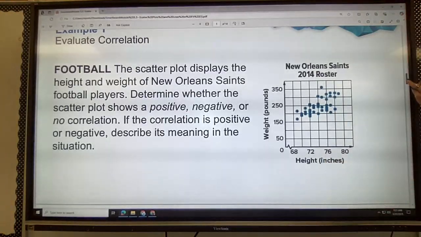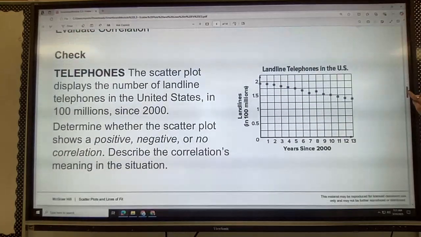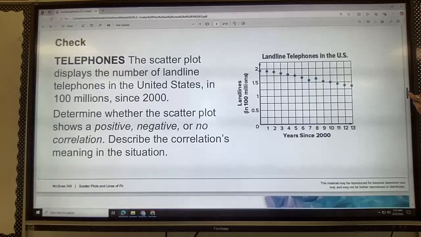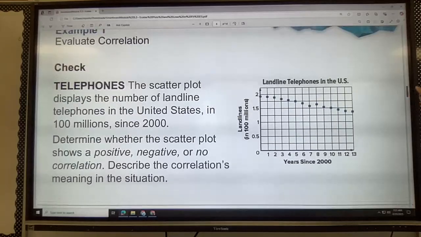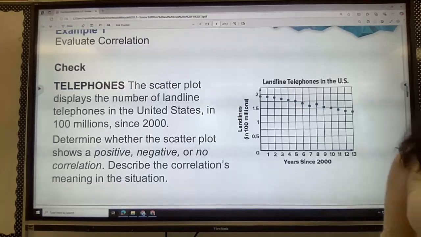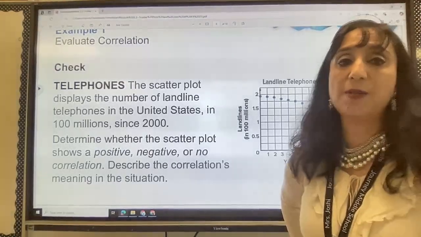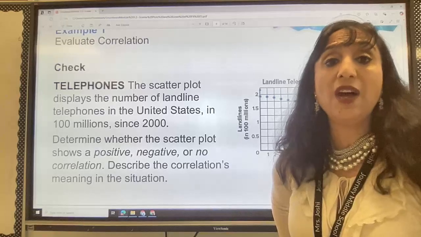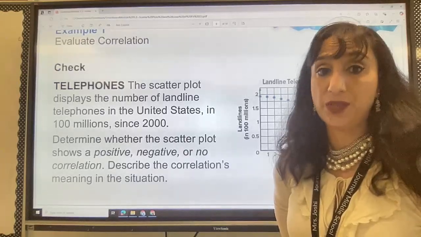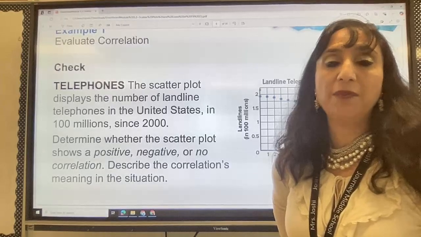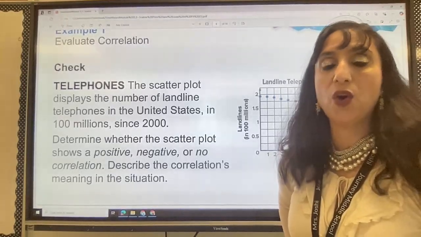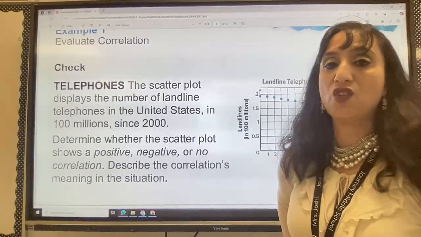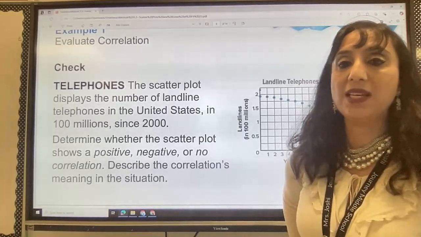Okay, let's look at another one. Here is telephones. The scatter plot displays the number of landline telephones in the United States in 100 millions since 2000. Determine whether the scatter plot shows a positive, negative, or no correlation. Describe the correlation's meaning in the situation.